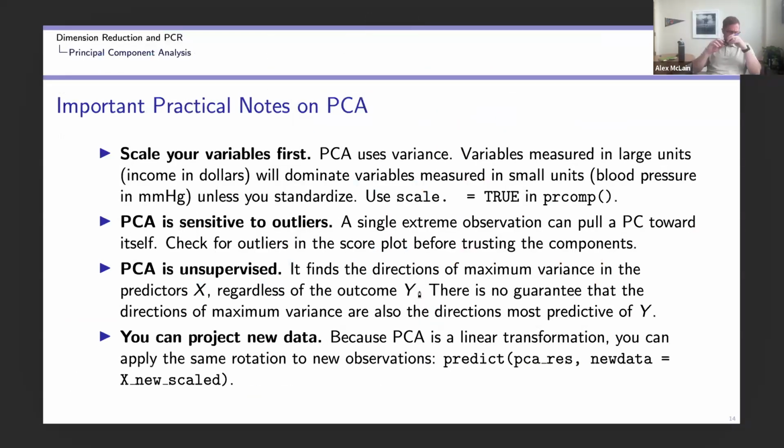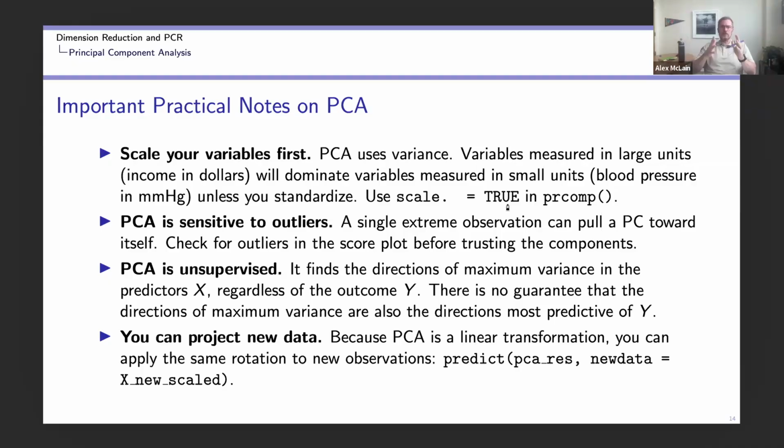So some important notes on PCA. Always scale your variables first. You can use scale equals true in the principal component function. Again, principal components is trying to explain most of the variance. If you have a variable that has more variance, the PCs are going to be disproportionately weighted towards that variable.